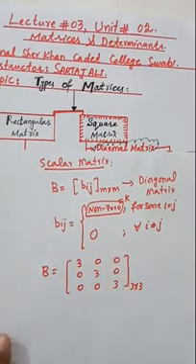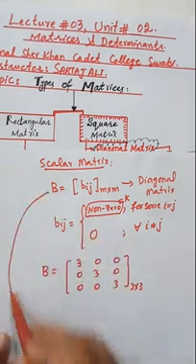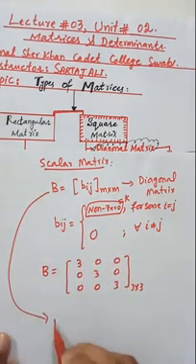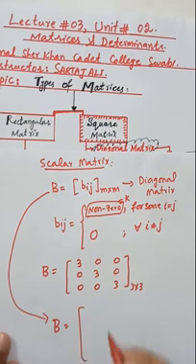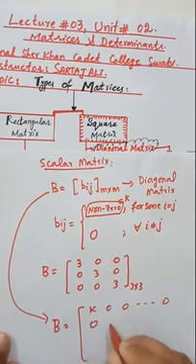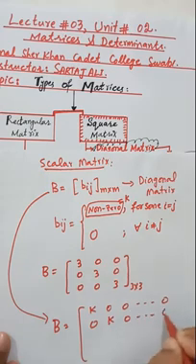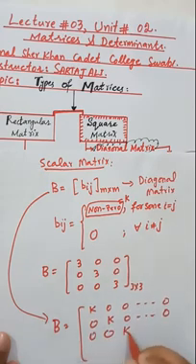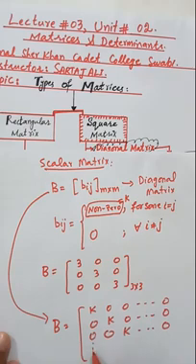For example, in general, how can you write it? Let's say I write b, which will be equal to k 0 0 and so on up to 0, 0 k 0 and so on up to 0, 0 0 k and so on up to 0, and so on up to 0 0 0 and so on up to k.